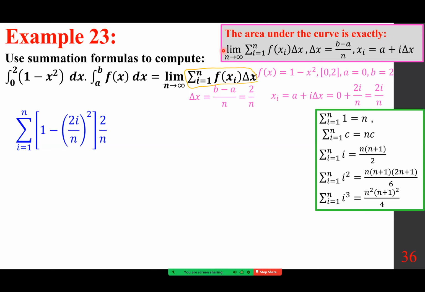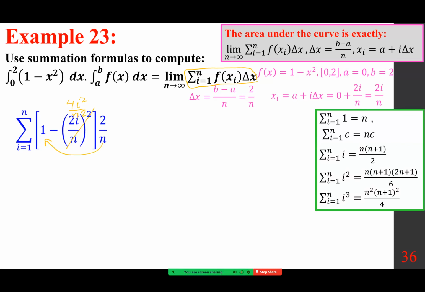So there we have it. Let's raise this to the power of 2, which gives us 4i squared over n squared.